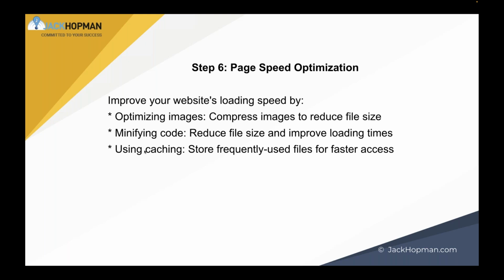The other one is using cache. If you use WordPress and minified code, that is a little bit advanced. You probably want to use a WordPress plugin for that. So that's the thing. What you really can do easily on your end is make sure the images are in the proper size.